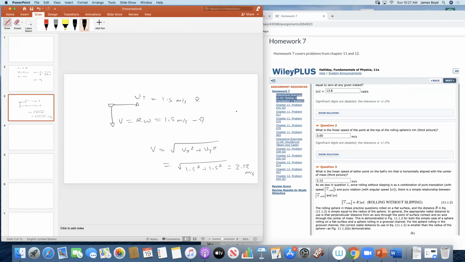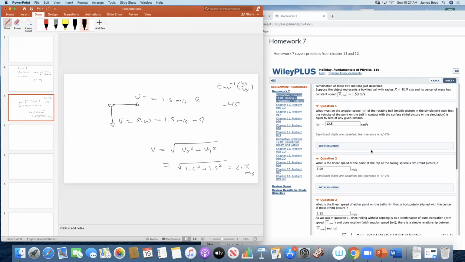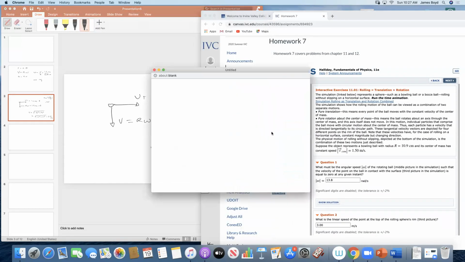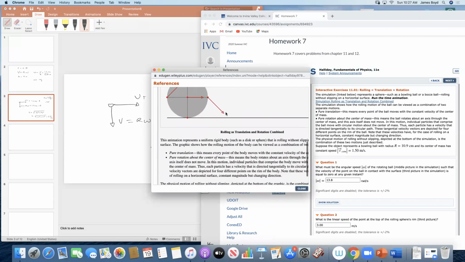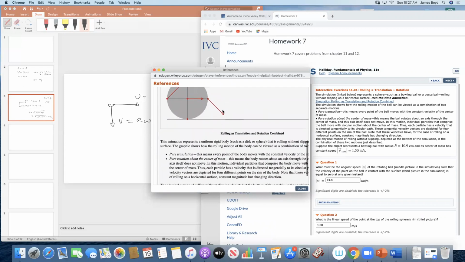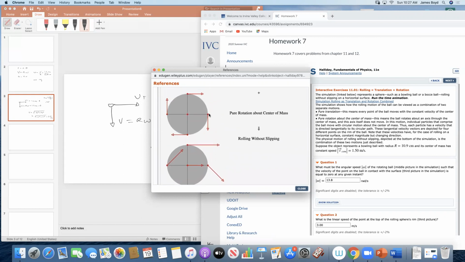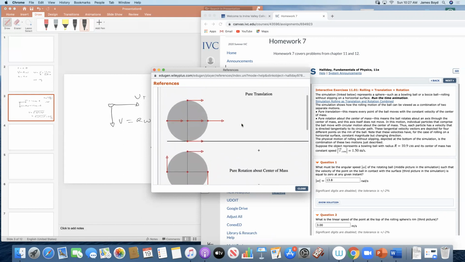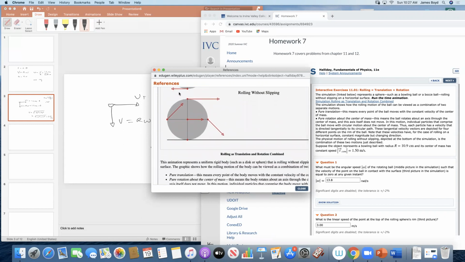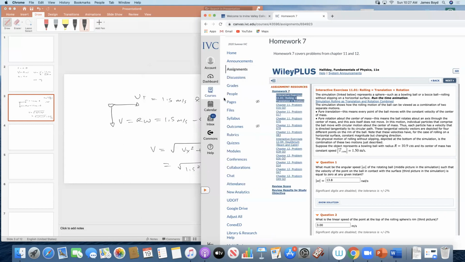We know that arctan of vy over vx, if these are 1, then this is going to be 45 degrees, but it's going to be negative. And we can see that from the picture. If we really go back to the simulation, what we're looking at here is this velocity right here, which is a combination of the rotation velocity and the translation velocity at that point. Simple enough. I think you guys understand that.